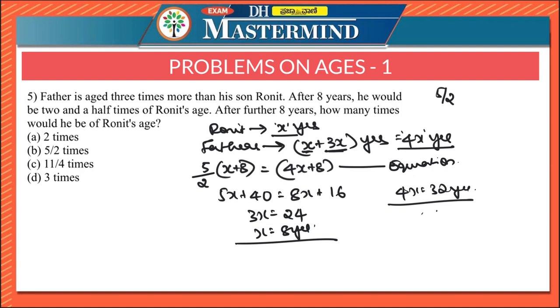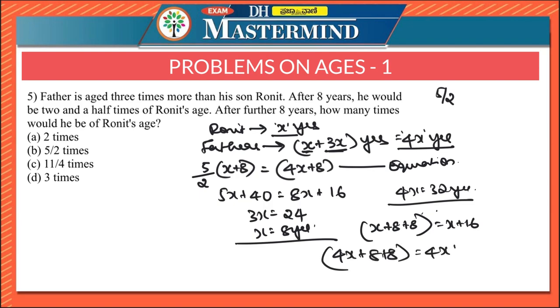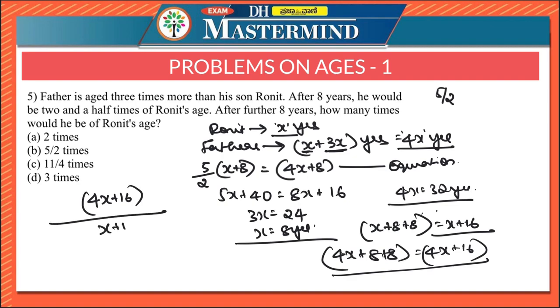That means they want to know x plus 8 plus 8, which is x plus 16, and 4x plus 8 plus 8, which is 4x plus 16. So 4x plus 16 is the age of Ronit's father after a further 8 years, and x plus 16 is the age of Ronit after a further 8 years. So the ratio would be 4x plus 16 divided by x plus 16.